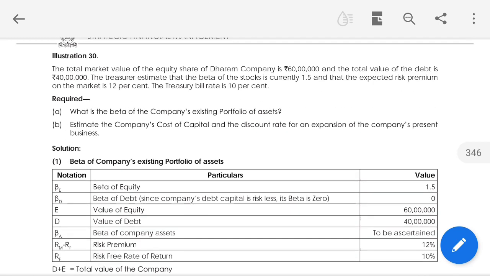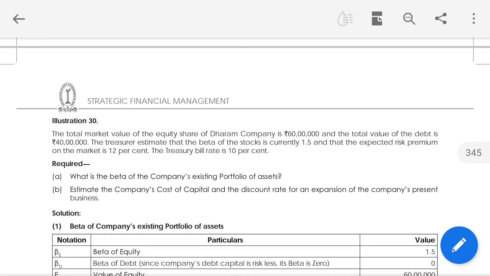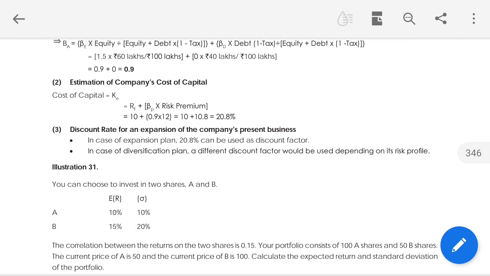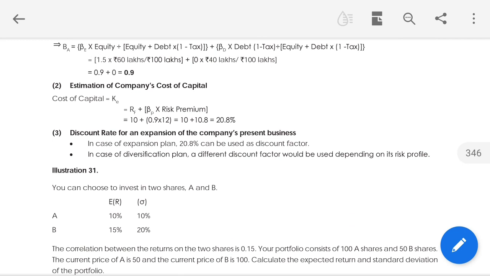And third, in the second question we need to calculate the discount rate for an expansion of the company's present business. For the present business, since there is no difference between risks and values of assets and liabilities, in case of an expansion plan for this business according to these values, the discount rate can be considered as 20.8.